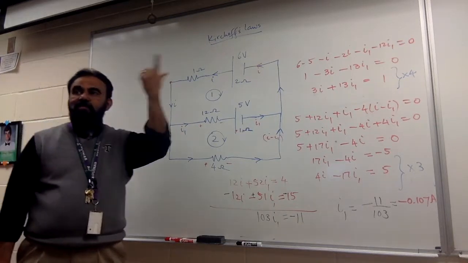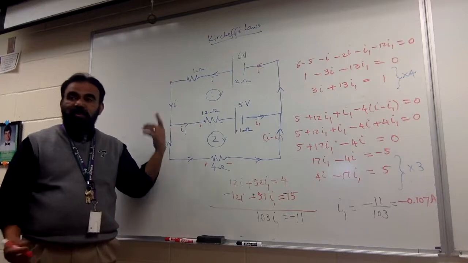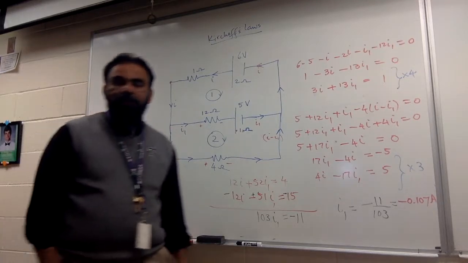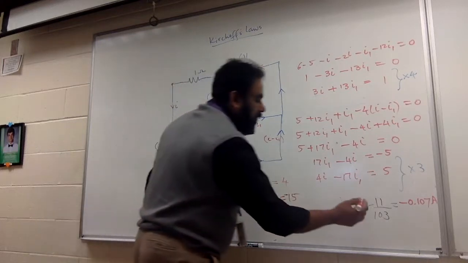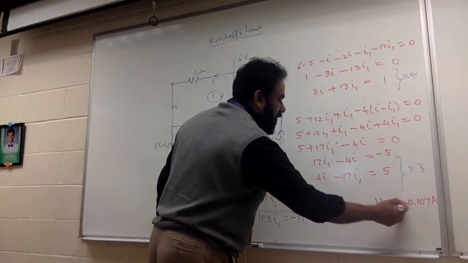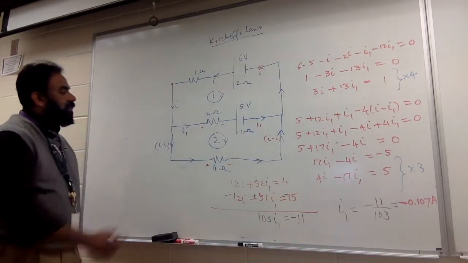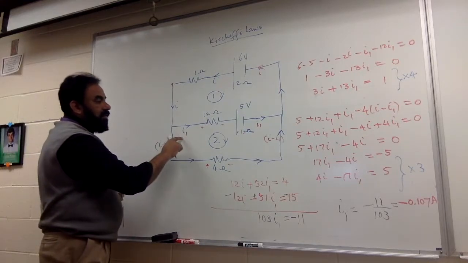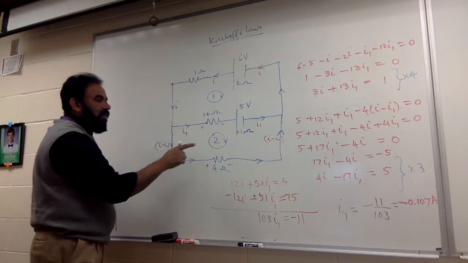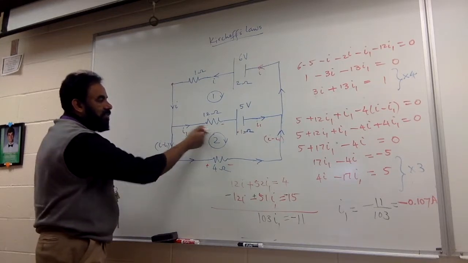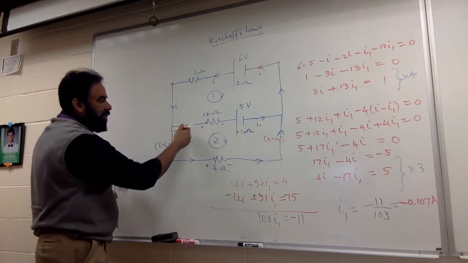That means that my assumption was wrong. It is actually going this way. So when you see that the current is coming out negative, it means the assumption was wrong, but it doesn't matter. We understand the actual current is flowing in this direction.